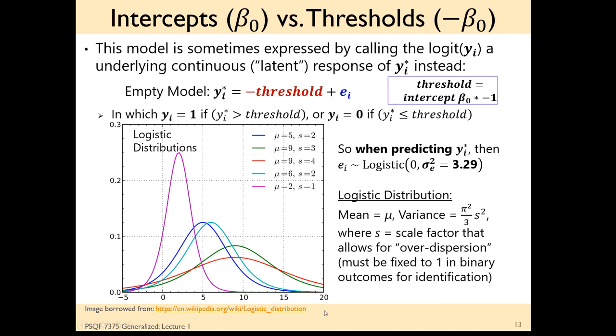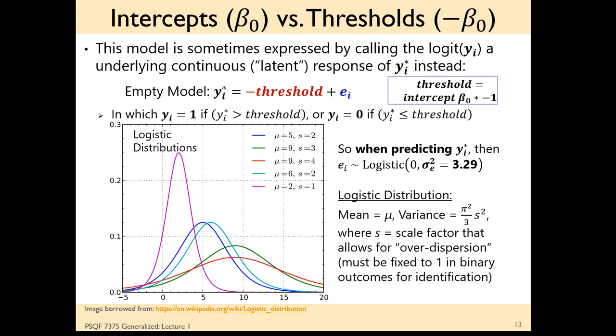binary data. If you're saying that your pretend underlying distribution is logistic, it looks sort of normal, but it's flatter. Then you say, well, the variance of the logistic distribution works out to be 3.29. And that number becomes a proxy for what your model residual variance is in the model scale in Logit land.